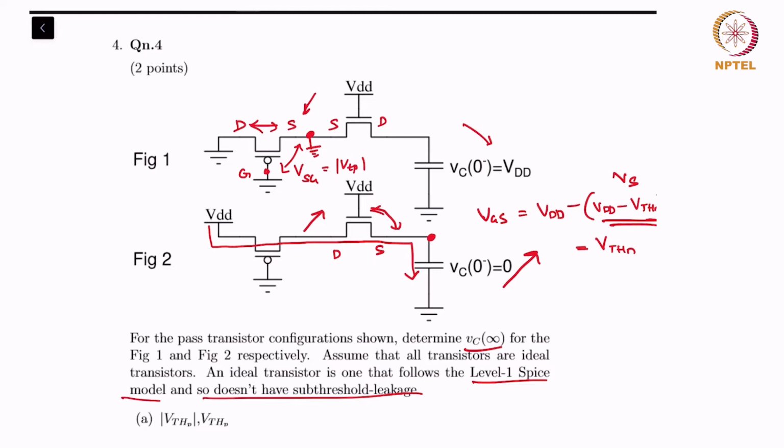And if you get ground over there, that means this is the VGS is VDD, and so therefore there is nothing stopping the capacitor from discharging fully, right? So it will go all the way to 0.